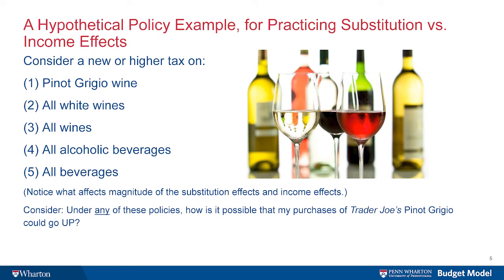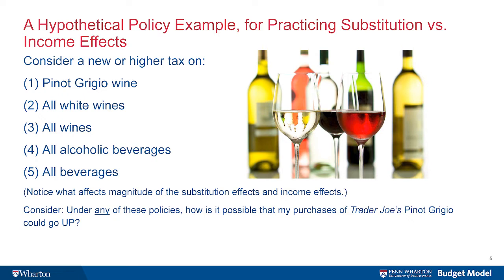After the Pinot Grigio tax or any other of the beverage taxes, I buy more of the cheap Pinot Grigio because that's the way that I can continue to get as much Pinot Grigio as before without having to actually spend more money. So I make up for the tax by changing the quality or the price of the product I'm consuming.